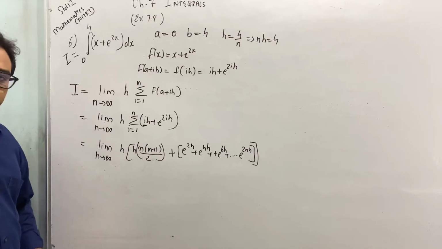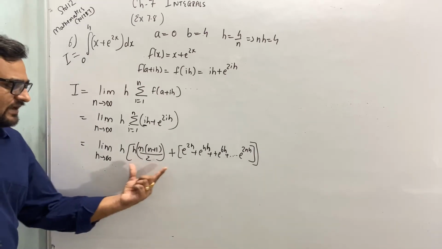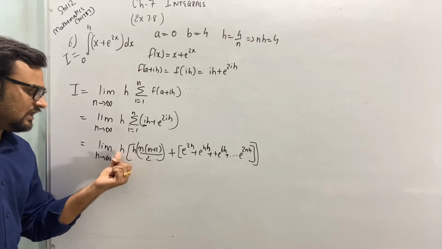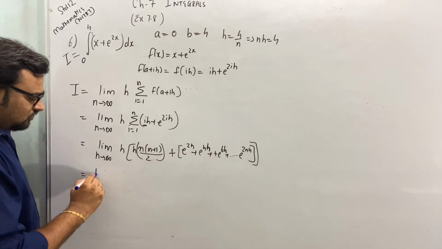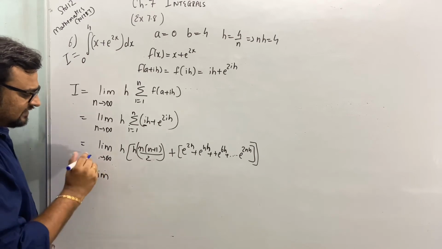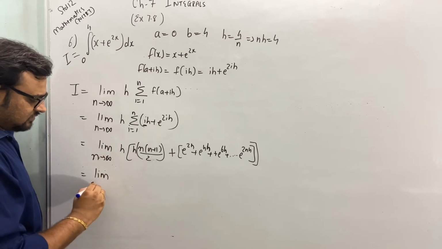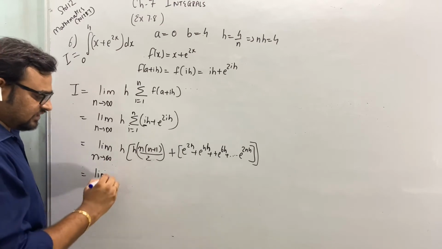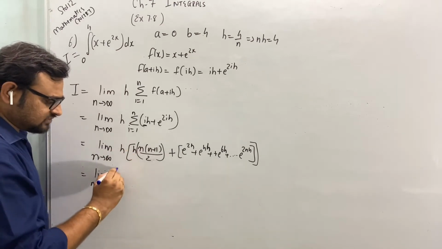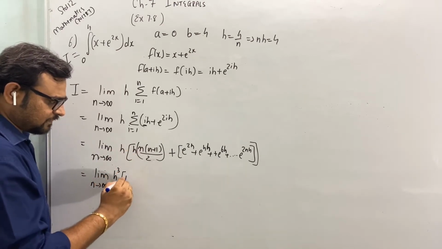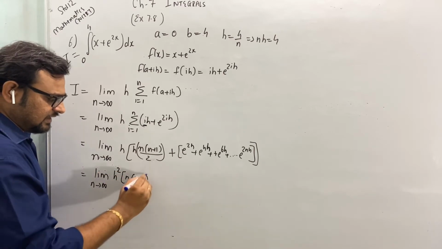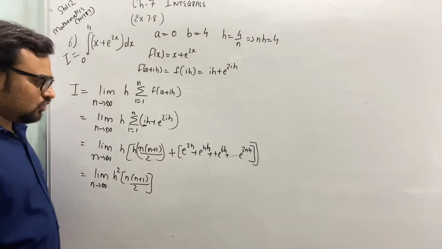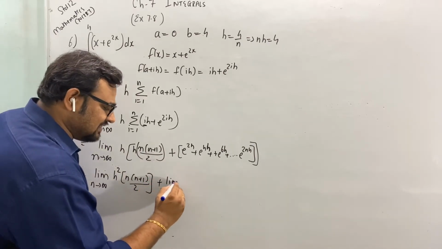Clear? So now see what I will do. I will separate these two. I have to multiply this h here and this h here. So what I will do, limit n tends to infinity, h into h, sorry, h square, n into n plus 1 by 2, plus limit.